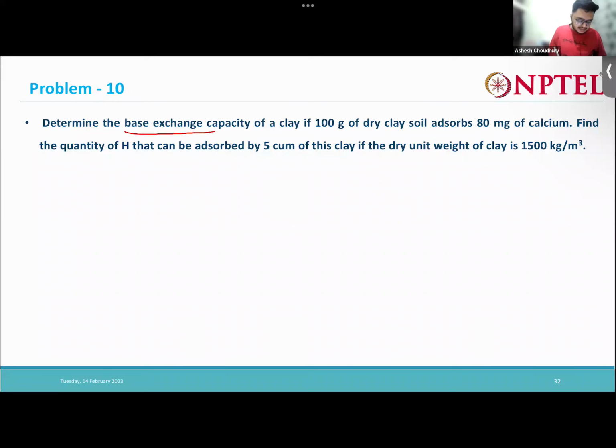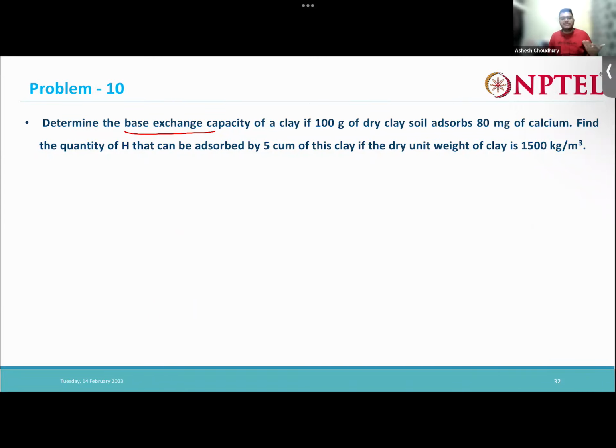So what is base exchange capacity? If anyone can say, what is the definition of base exchange capacity? Base exchange capacity is nothing but the ability of clay particles to adsorb ions on its surface or edges. So it is nothing but a surface chemistry problem, right?